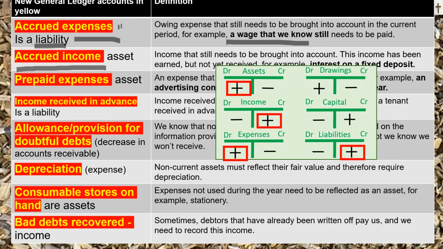Accrued income, for example, we've earned interest on a fixed deposit, but we haven't yet received it. We must show that we are owed income, accrued income, and accrued income is an asset.